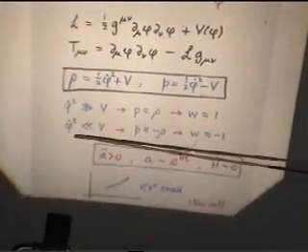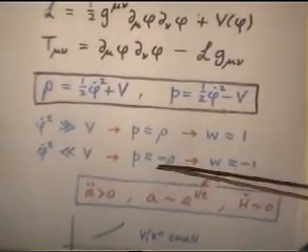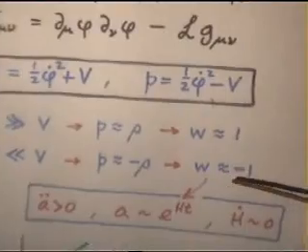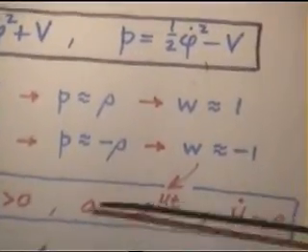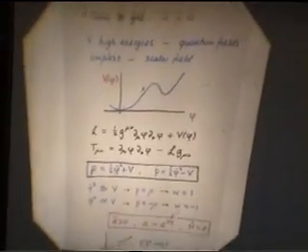And clearly, if the kinetic energy is much less than the potential, it follows that P is nearly equal to minus rho, so w is nearly minus 1. In other words, we have acceleration, and a is nearly exponential with H nearly constant, because w is nearly de Sitter, nearly minus 1. And that's all you need.